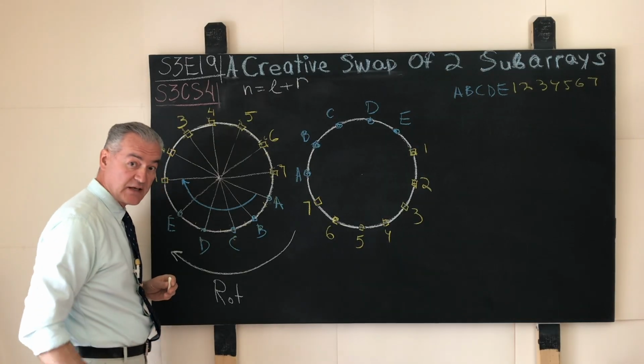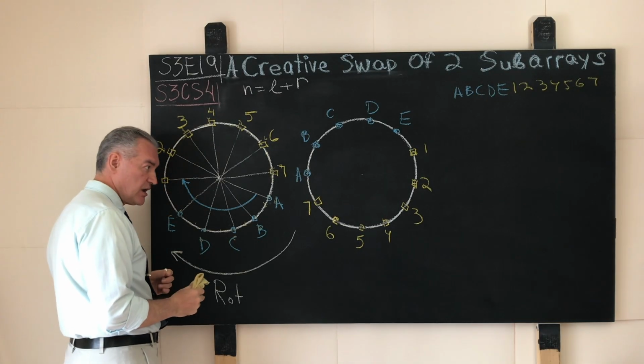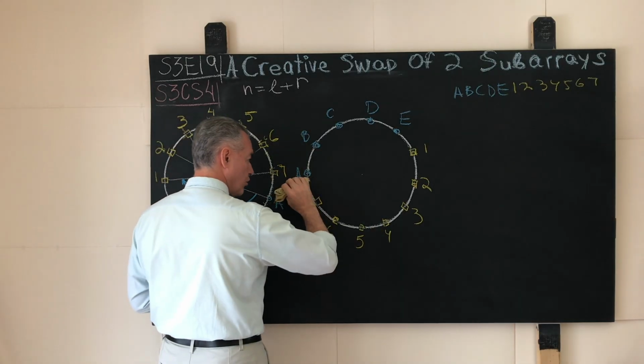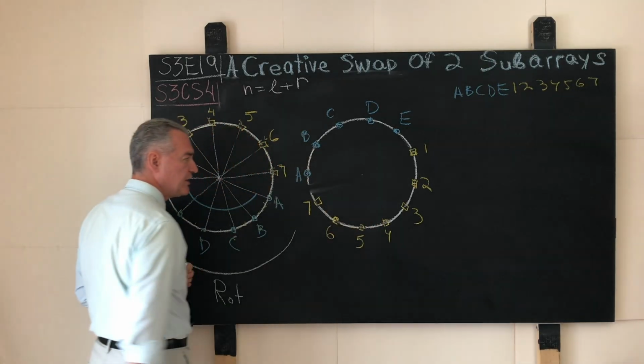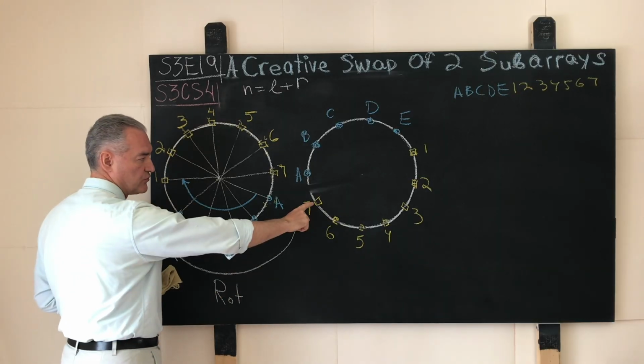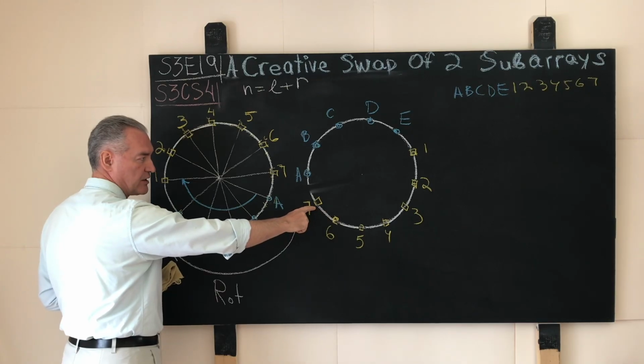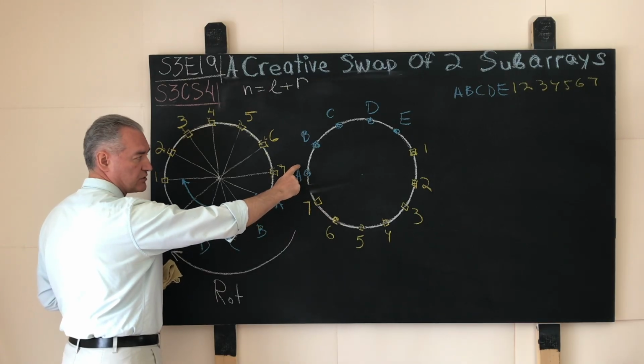And what do we do next? Next, we take our mathematical scissors and we cut the mathematical umbilical cord over here that connects the last element of our formerly left input sub array to the formerly right input sub array.